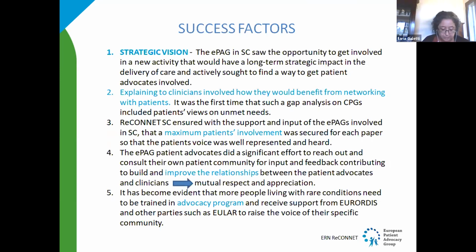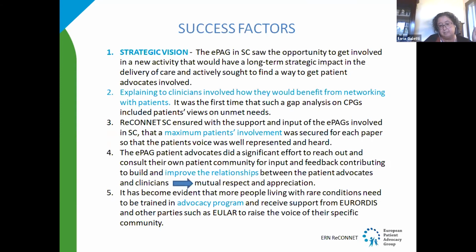And we had to explain to clinicians that they would benefit by networking with patients, because, as Charissa mentioned before, it was the first time that the patients' views on unmet needs were included in such documents.